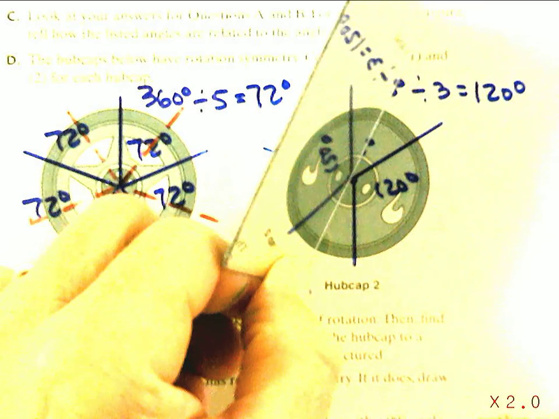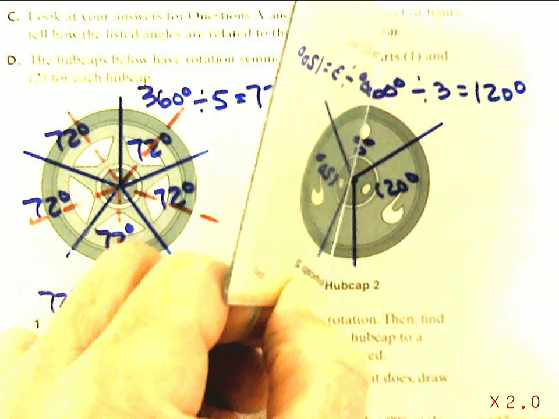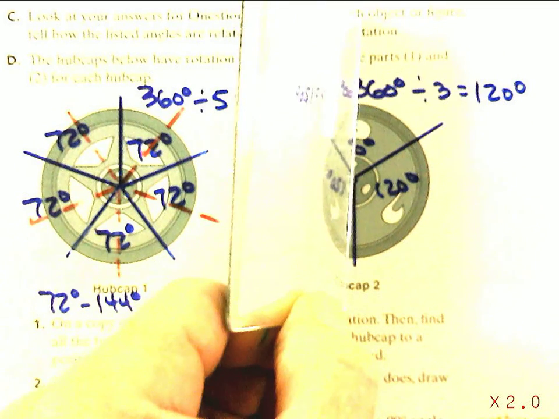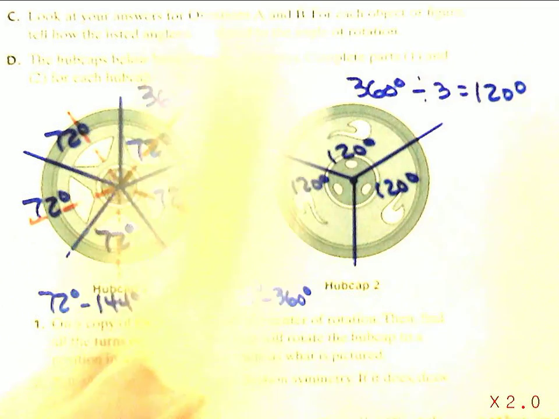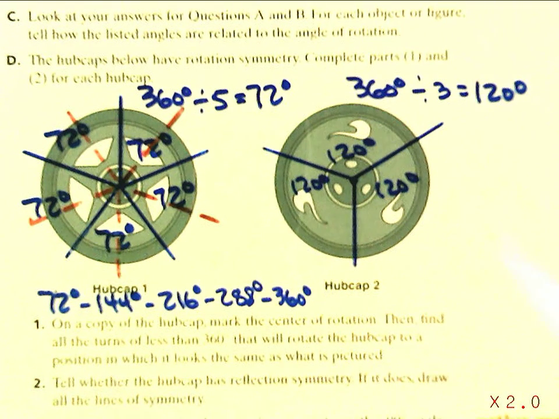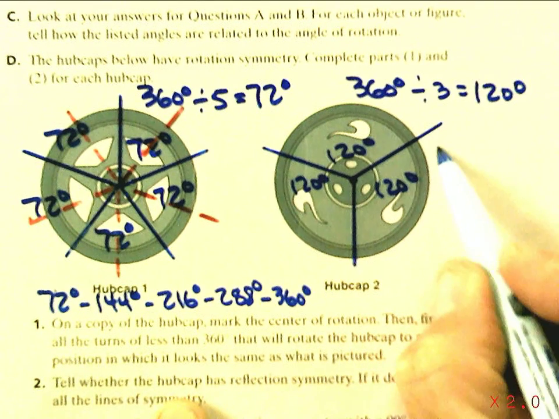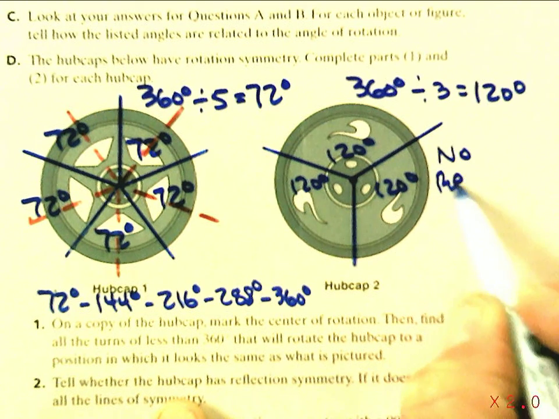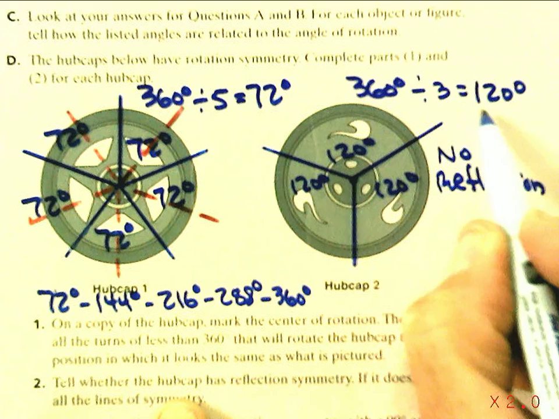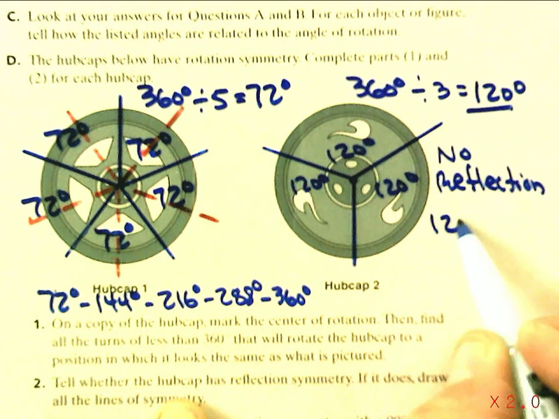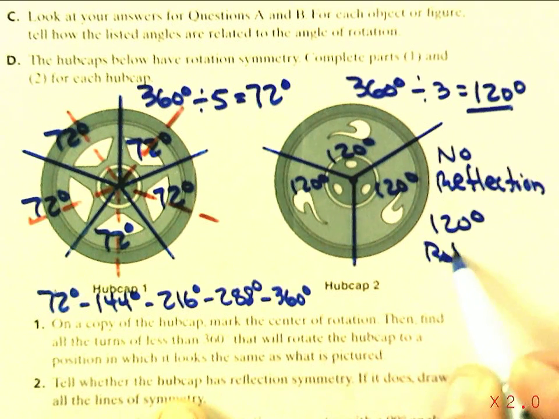So it looks like hubcap number 2 only has rotation symmetry. It does not have reflection symmetry. So in this case, we have no reflection symmetry. We only have rotation symmetry, 120 degree rotation symmetry.